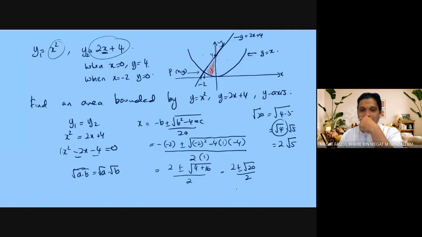So 2 plus minus 2 square root of 5 divided by 2, which is 2 plus 2 square root of 5 divided by 2, and also 2 minus 2 square root of 5 divided by 2.